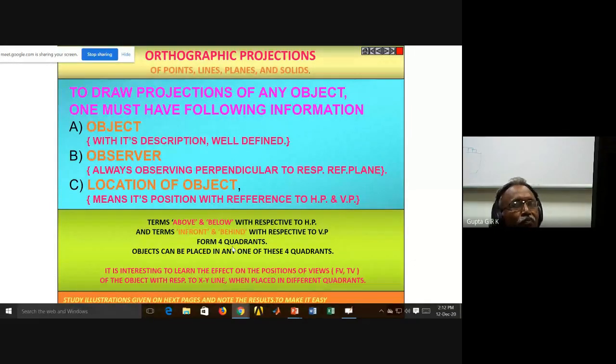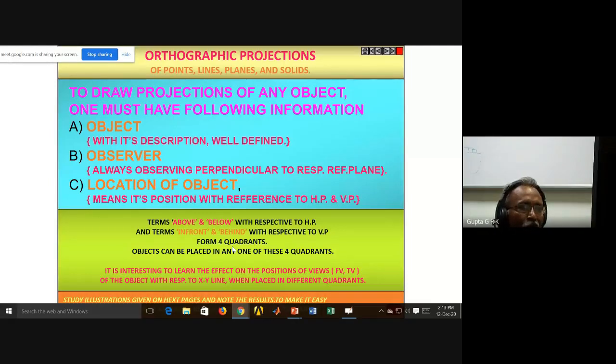And as I told in the first video, I want to finally project a 3-dimensional object on a 2-dimensional plane. That is, a solid, a 3-dimensional object is to be represented. And we cannot always jump into the complex one, okay? So first, to understand a 3-dimensional object, I have to understand how to project a 2-dimensional object.